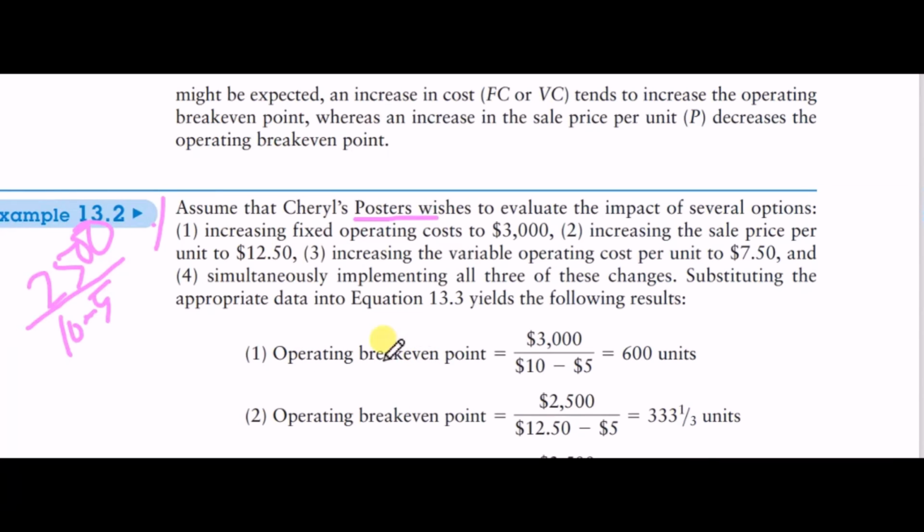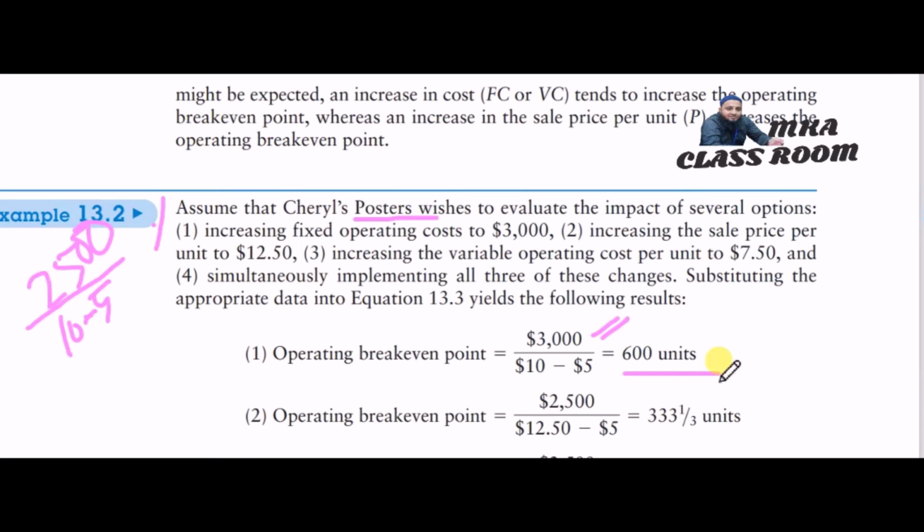If the fixed operating cost increases to 3000, the break-even point increases to 600 units. If this firm produces and sells 600 units, then it reaches the break-even point.